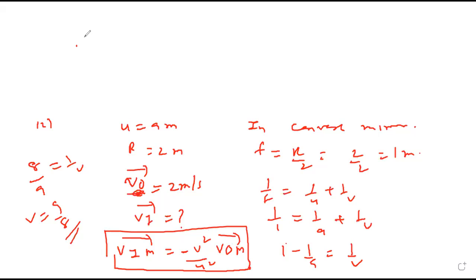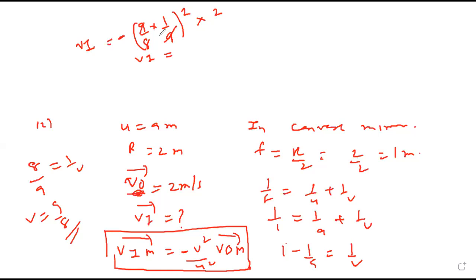Now the velocity of image we have to calculate. The mirror is at rest. Minus of v square upon u square. V is 9 by 8 and u is 9. So 9 by 8 upon 9, squared, into the object velocity. So the 9 cancels.